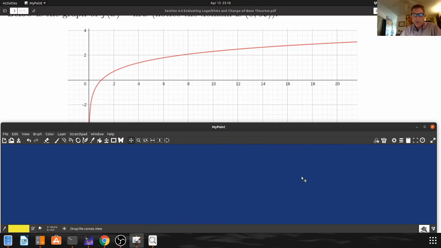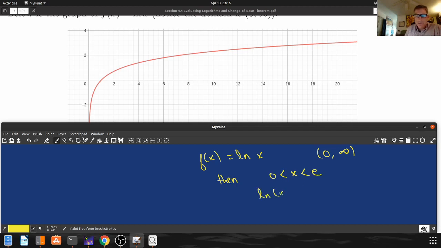We already know that if f of x is equal to ln of x, where the domain is 0 to infinity, then by what we're seeing right here, if x is greater than 0 but less than e, ln of x is itself greater than or equal to, sorry, I wrote the exact wrong direction here.